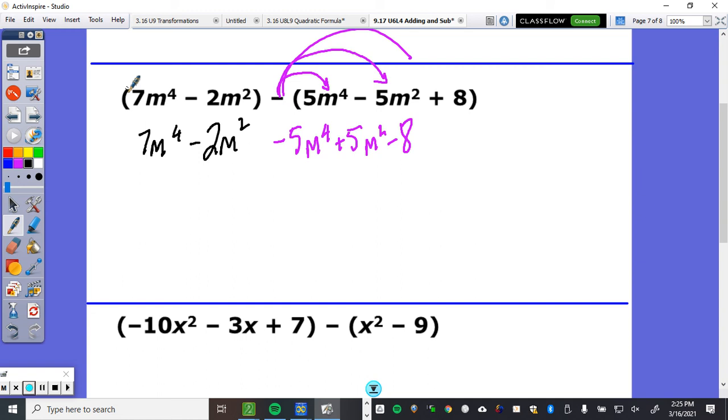All right? Then we can group them together. So we have the 7m to the 4th and the negative 5m to the 4th. We have the negative 2m squared and the positive 5m squared. And we only have one constant, which is this negative 8.